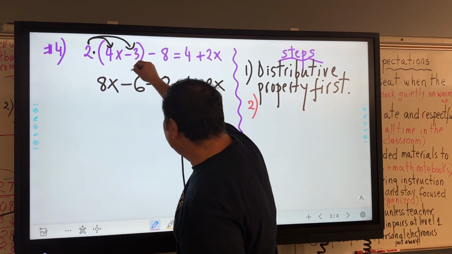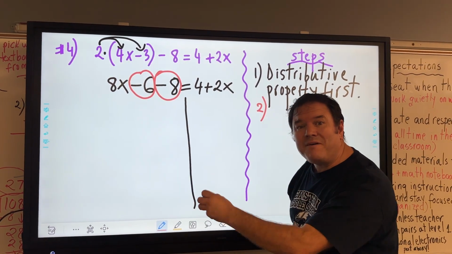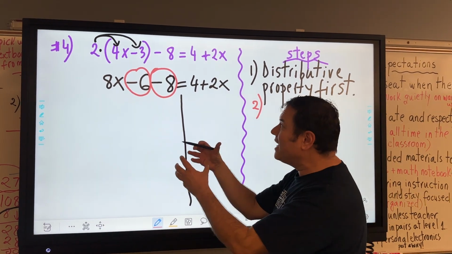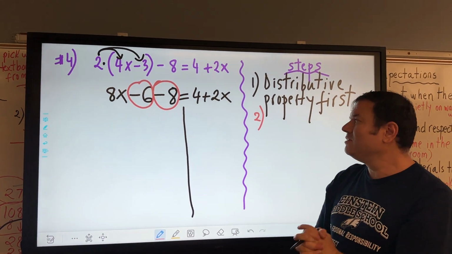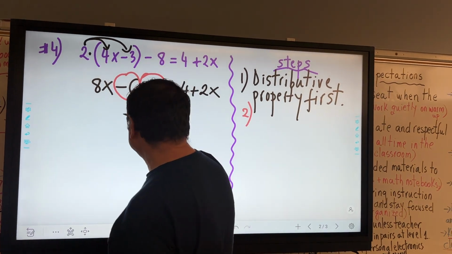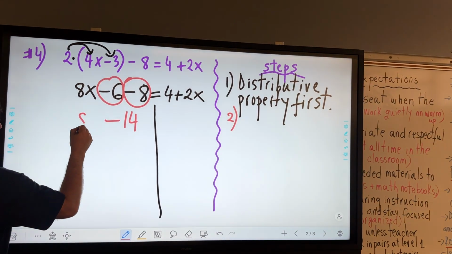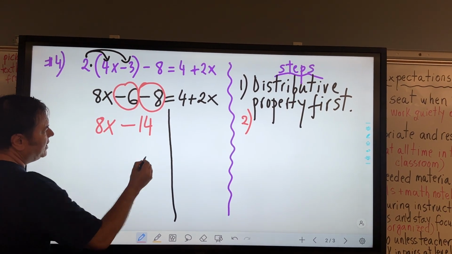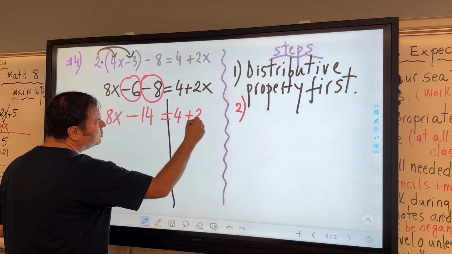So let's combine negative 6 and negative 8. If you have 6 negatives and we add 8 more negatives, we are going to get how many negatives? 14 negatives, right? So that's going to become negative 14. So we have 8x minus 14 equals 4 plus 2x.